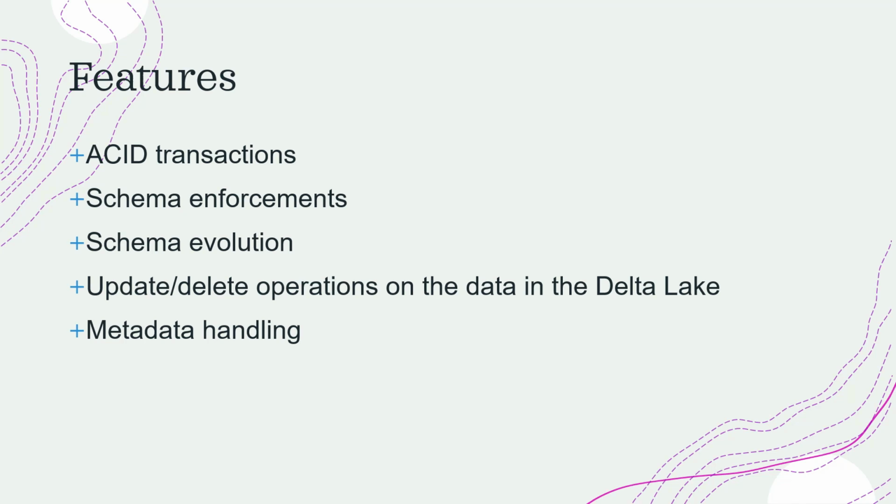So one of the salient features of Delta Lake is that it gives schema evolution. Update and delete operations on the data in the Delta Lake are possible. Metadata handling was given out of the box. These are some of the very unique or prominent features of a Delta Lake, and it really helped people who had use cases where ACID transactions, schema enforcement, or schema evolution was required.